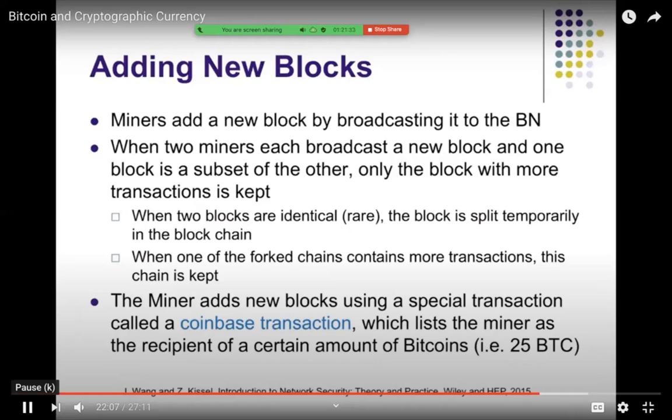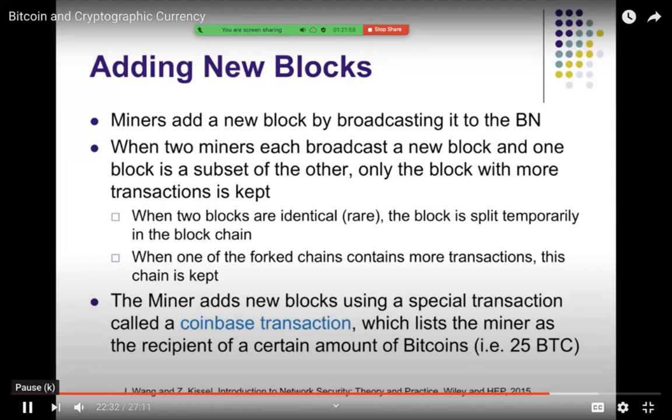Every player sees it. When two miners each broadcast a new block, and one block is a subset of the other, because it could happen, they just mine these transactions, so one may contain the other. Only the block with more transactions is kept.